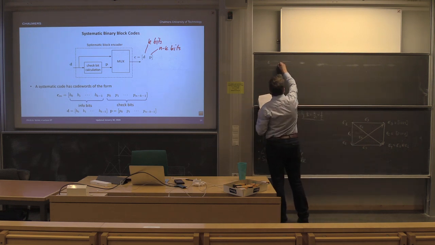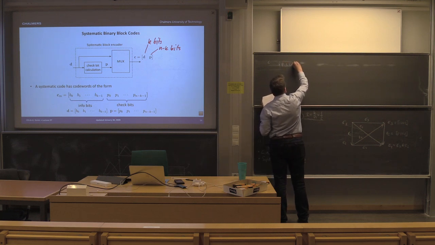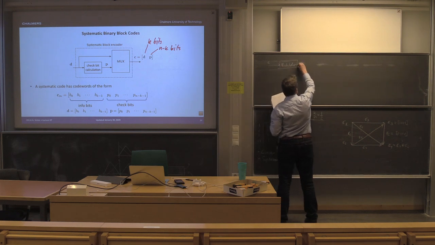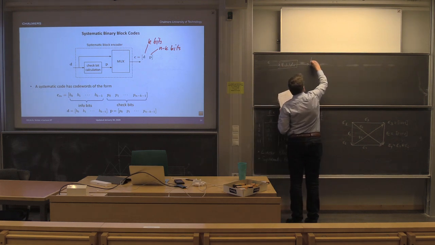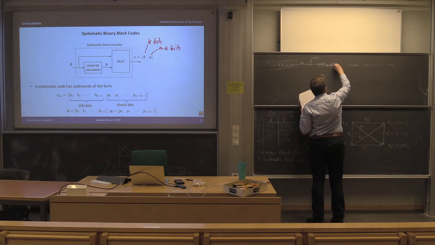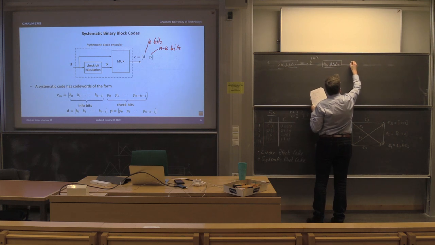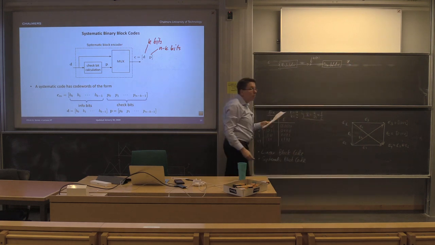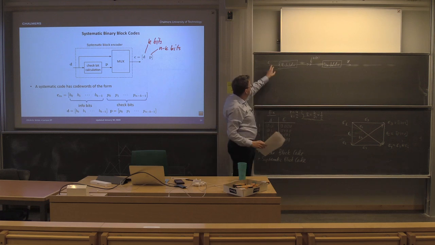So then we send these into a modulator, and then there is a channel with some noise, and then we have a demodulator that we assume outputs some bits, and let's call these bits y for the time being. Ideally, y should be equal to c.